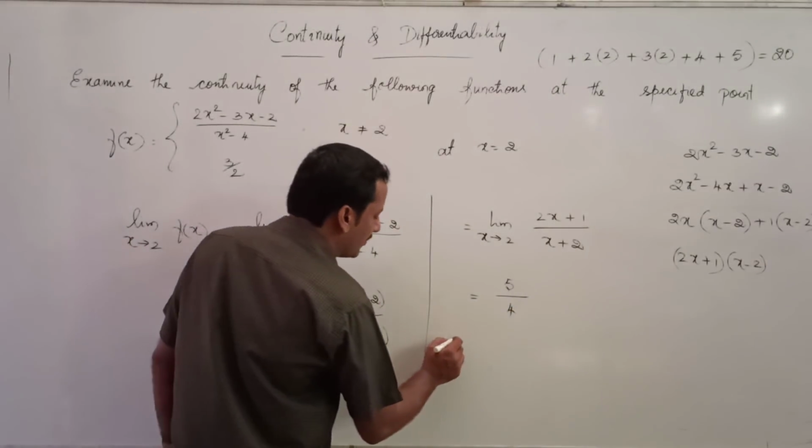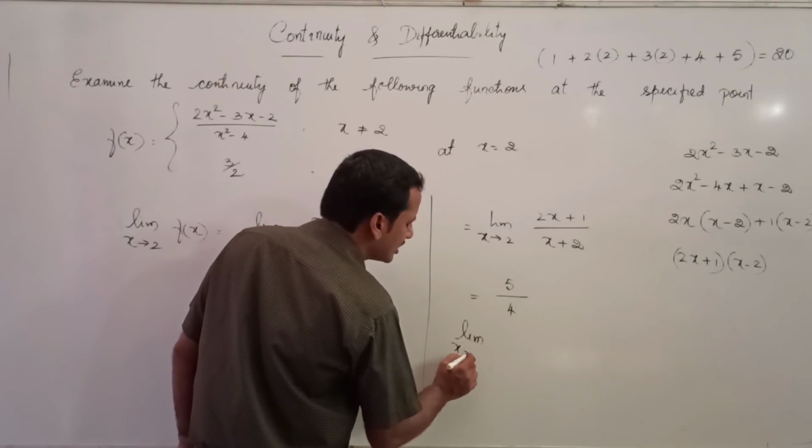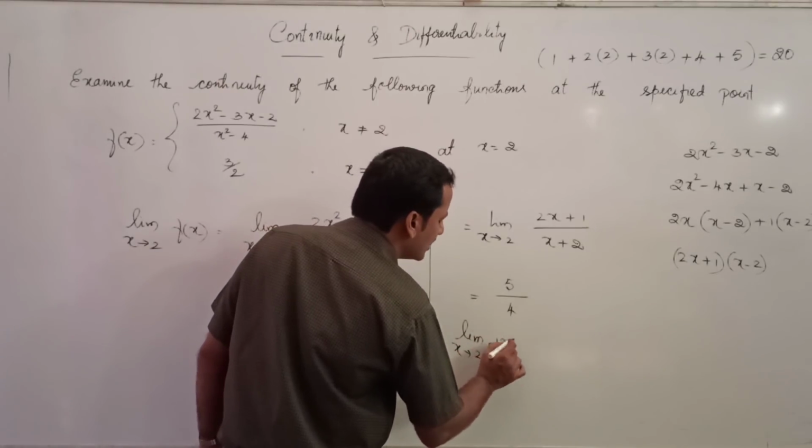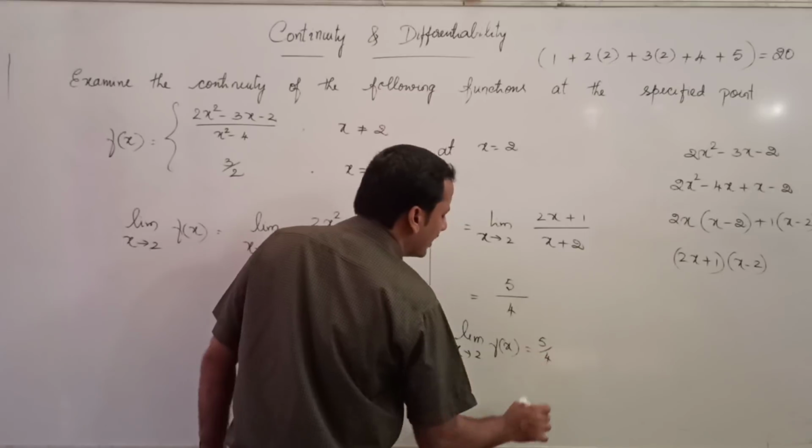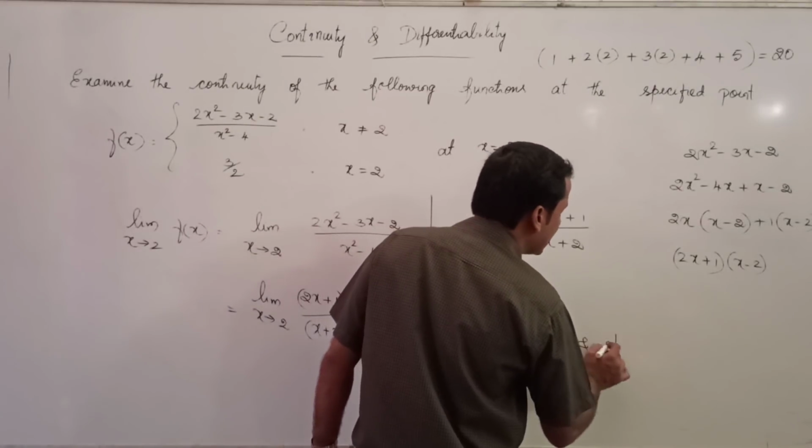So the limit as x tends to 2 of f(x) is equal to 5/4. And what is f(2)?